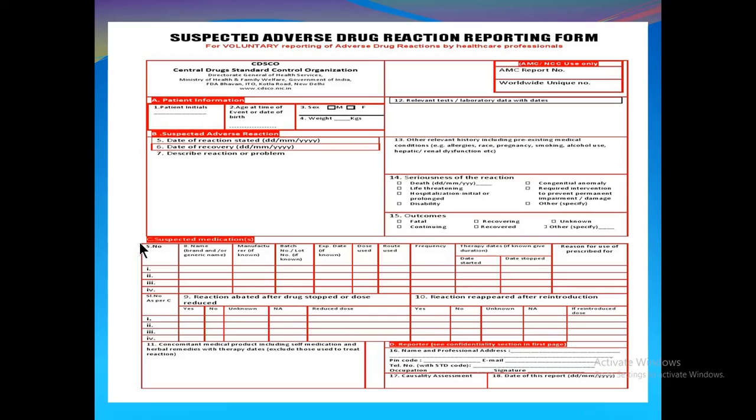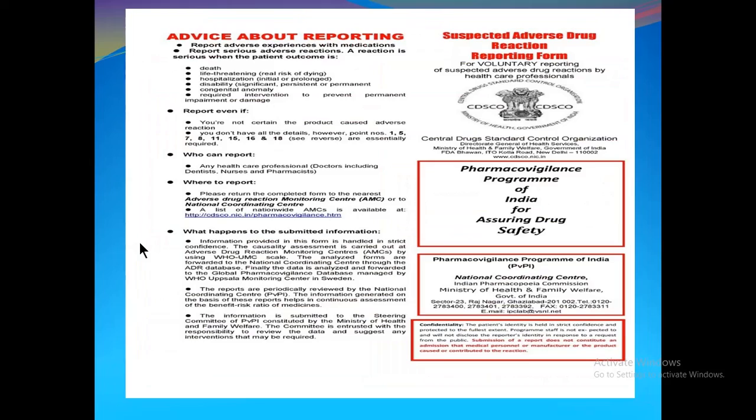When the score is 9 or more than 9, there is a very high chance of a positive suspected adverse drug reaction report. Causality assessment is either done at AMC or NCC. And lastly, in point 18, the date of the reporting is filled.